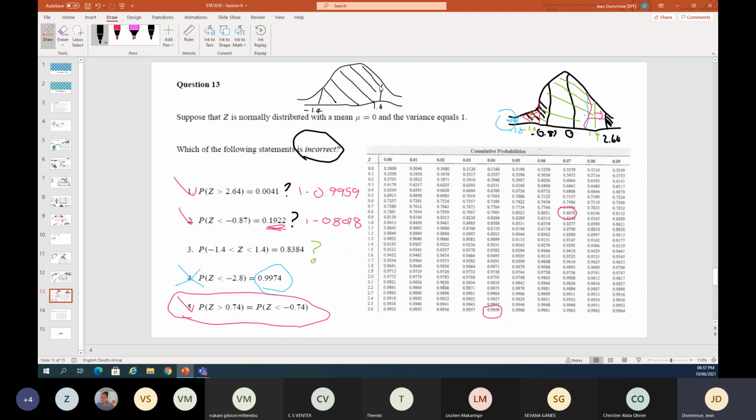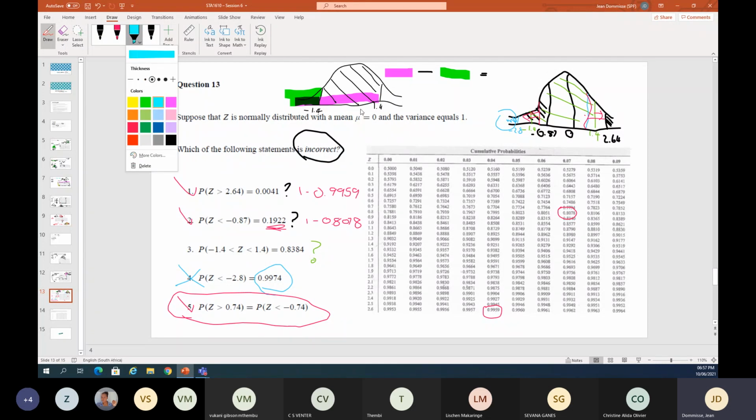How I would do it is I would get that whole area up to 1.4, the purple area. Then I would get that green area, and if I subtract the two, I actually get the blue part.